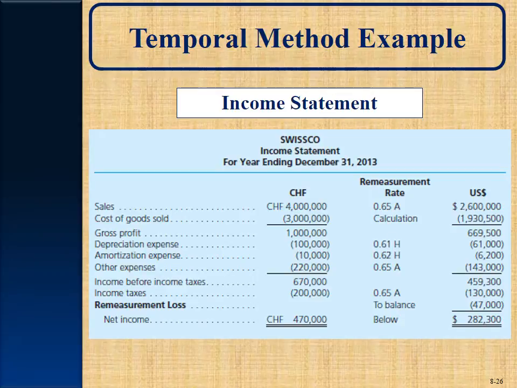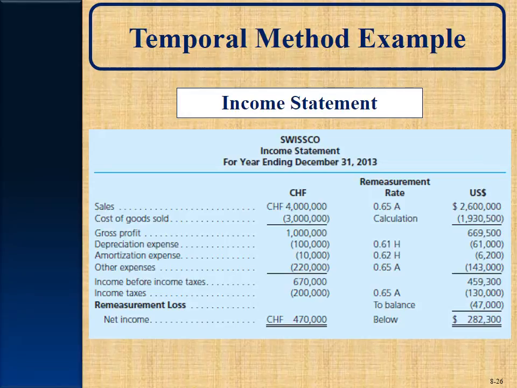So there's actually a $47,000 translation loss from converting the foreign subsidiary's financial statements into US dollars, from francs to dollars. And we remeasure and show that loss on the income statement itself. So we plug that in to get from what our translation got our net income to what our net income needs to be.